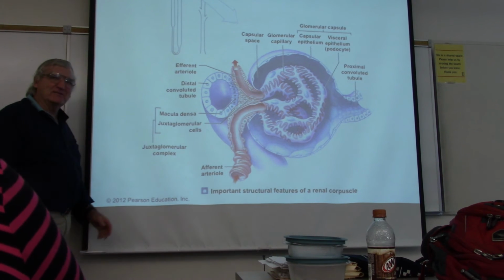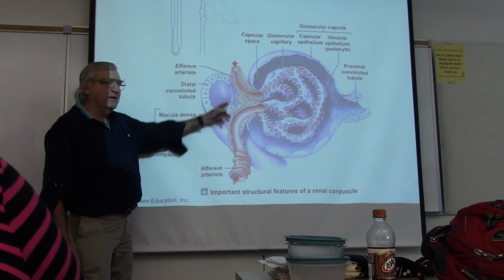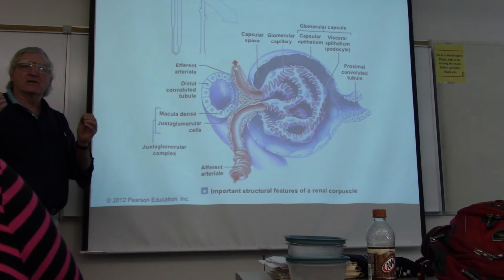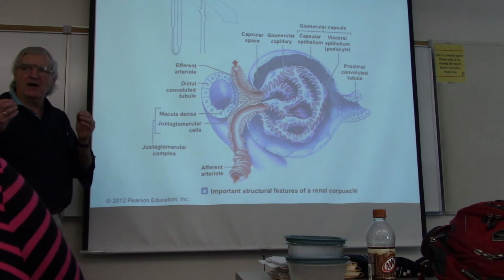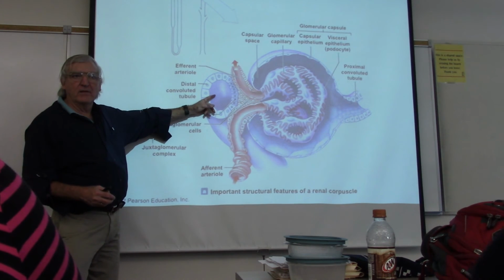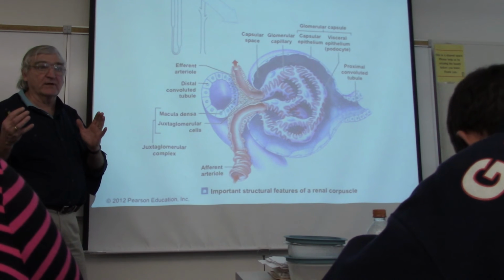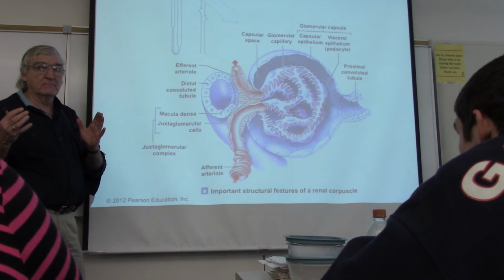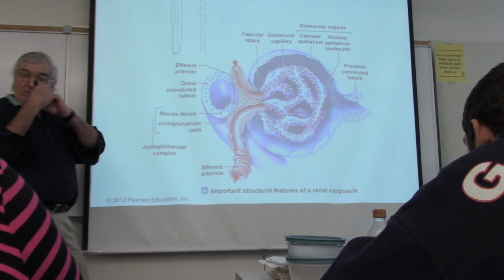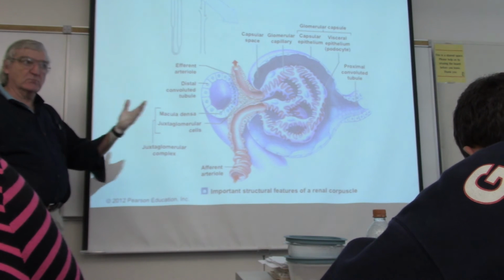The reason is, when it goes back through there, these cells along here are actually measuring the concentration, how thick, basically, is this urine. Okay? And if it wants to make the urine more concentrated, it secretes more renin. If it wants the urine to be less concentrated, less renin, and lets the water go on through.